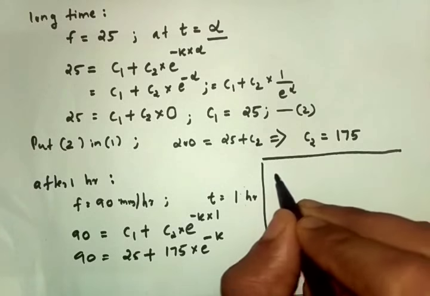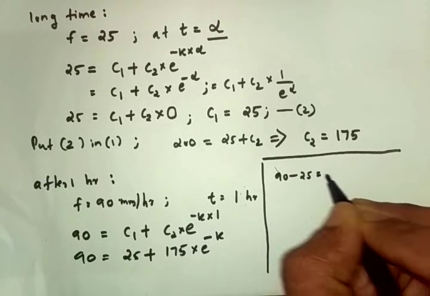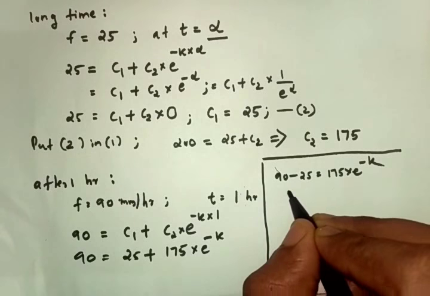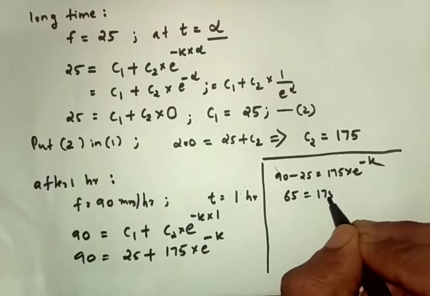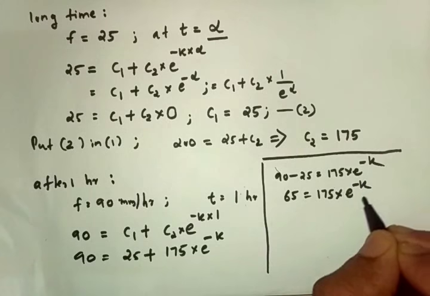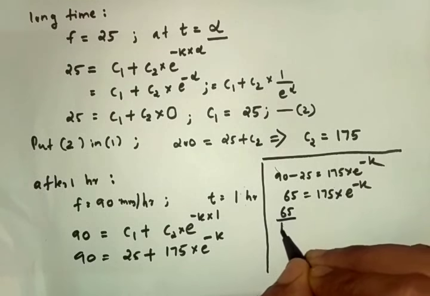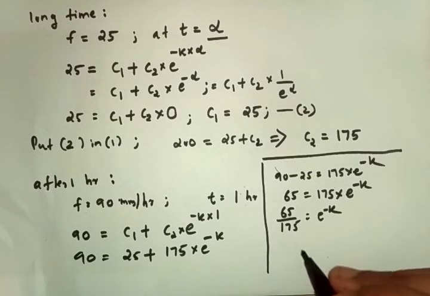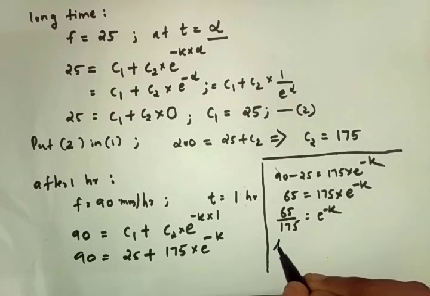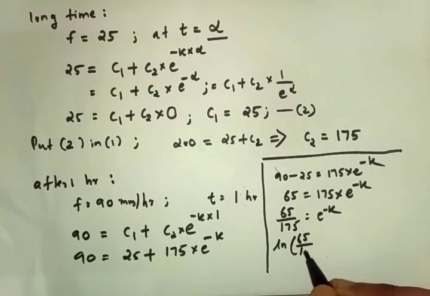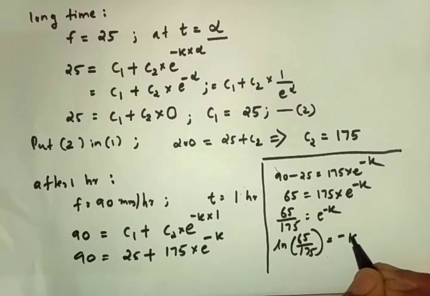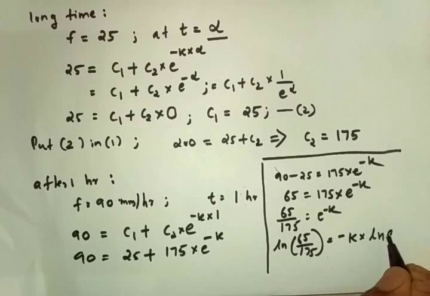So 90 minus 25 is 65, which equals 175 e^(-k). So 65 by 175 is equal to e^(-k). Taking the natural log on both sides, ln of 65 by 175 equals minus k into ln e.